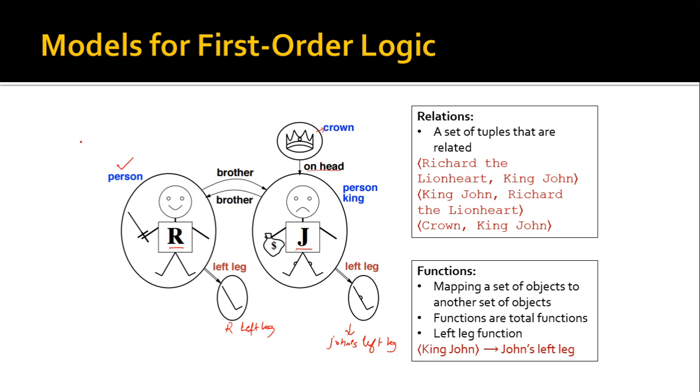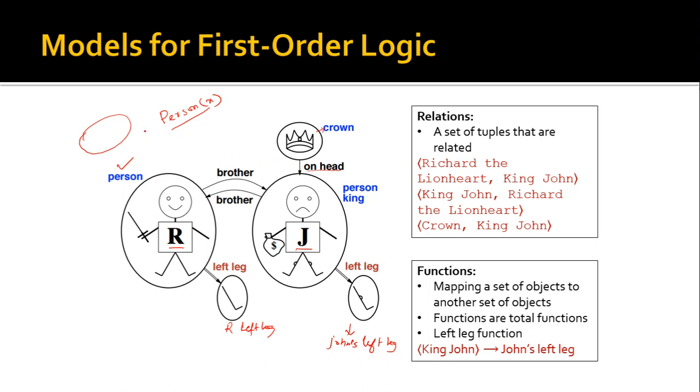So the person will be a kind of set, right? What kind of thing are we trying to say? Person x means that it is a kind of set which contains all the individuals that are of type person, right?